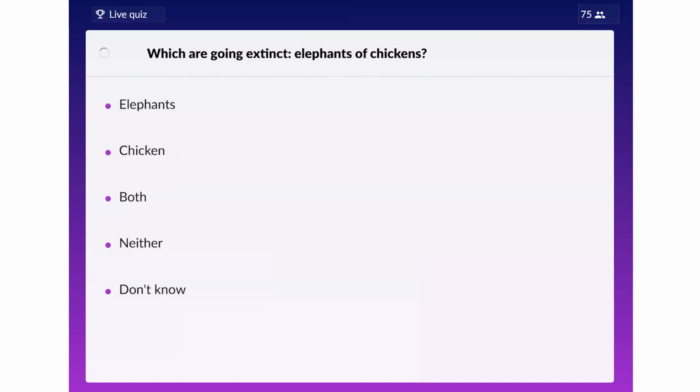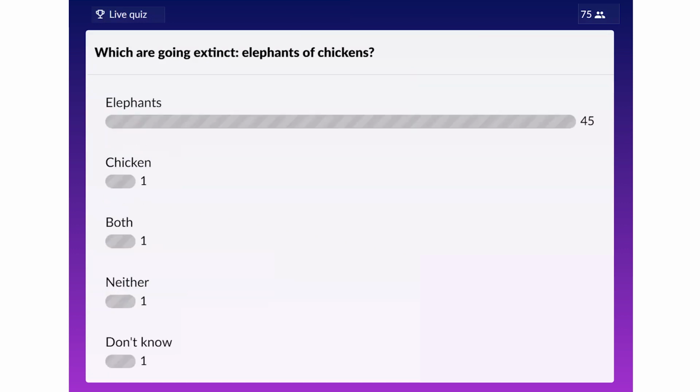Okay, let's see your answers. The majority are saying that the whole problem is elephants are going extinct. Chickens are going to live until the end of the world.